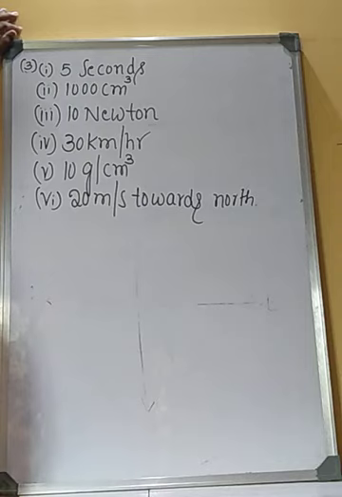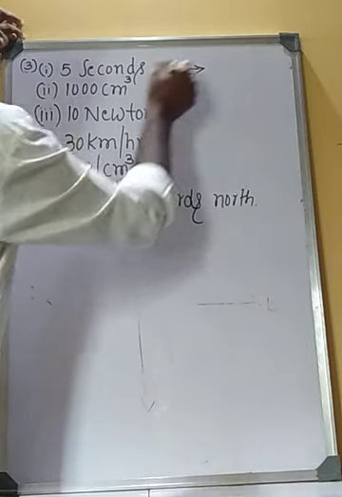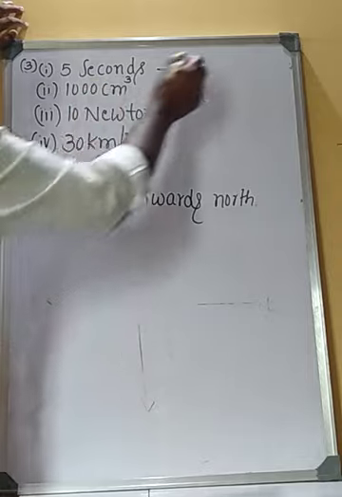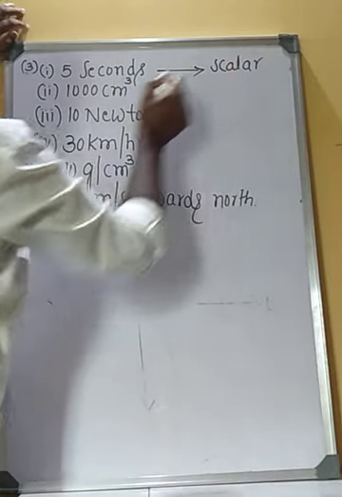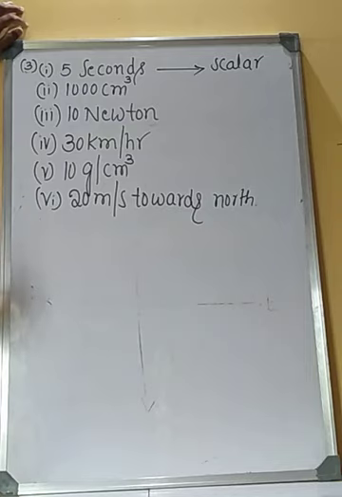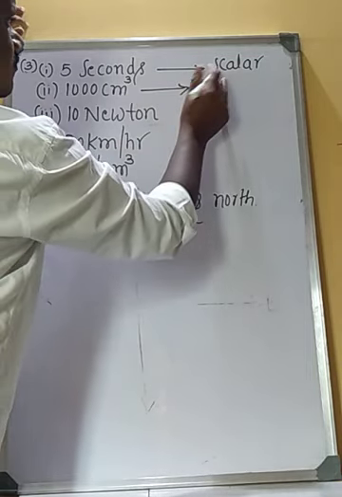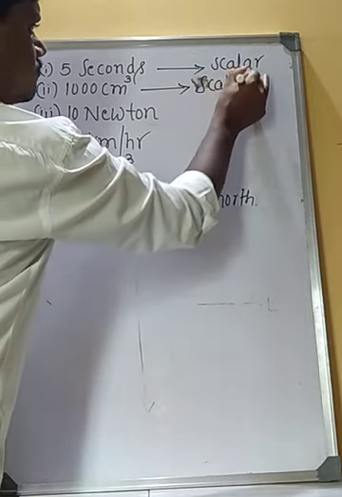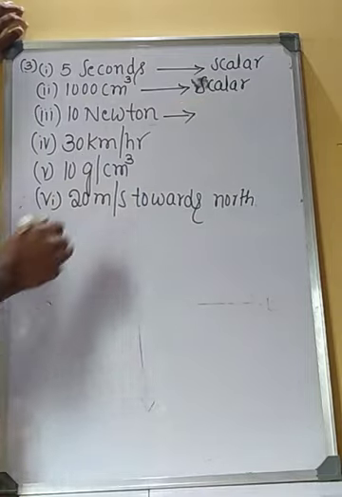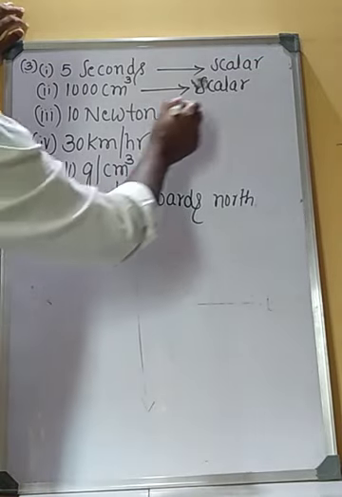First one, 5 seconds, that is time. Time is a scalar. 1000 centimeter cube, that is volume. Volume is also a scalar. Third one, 10 Newton, that is force.